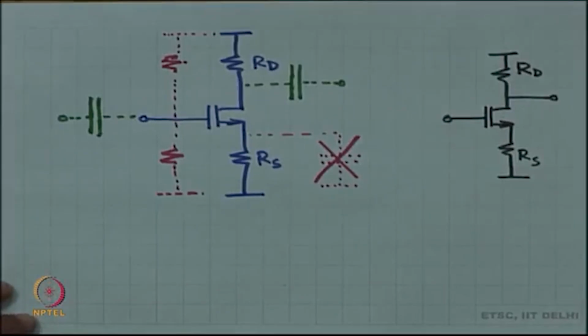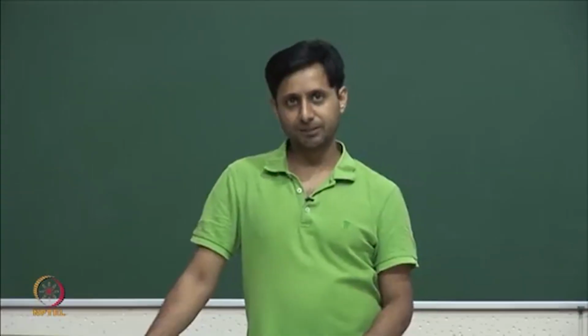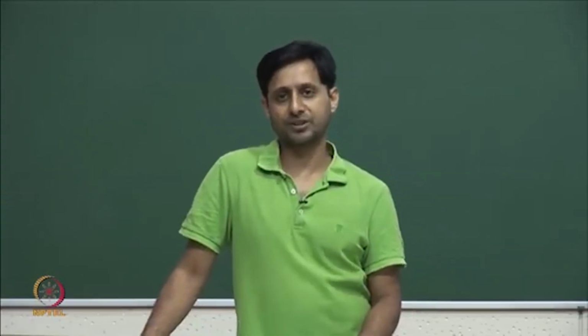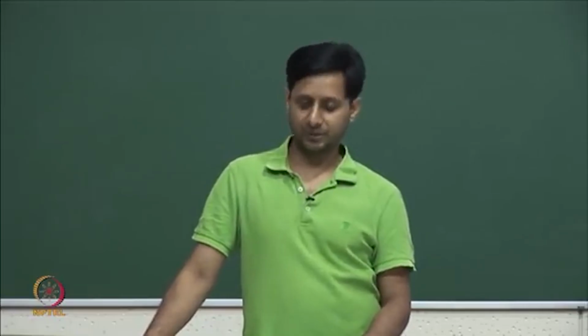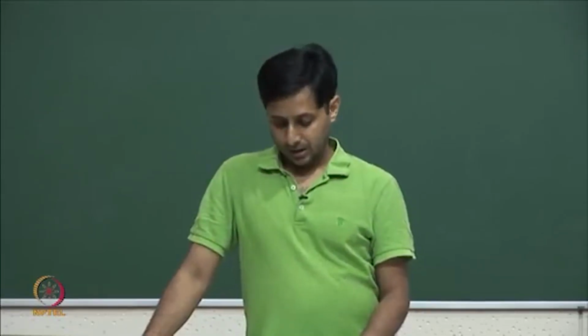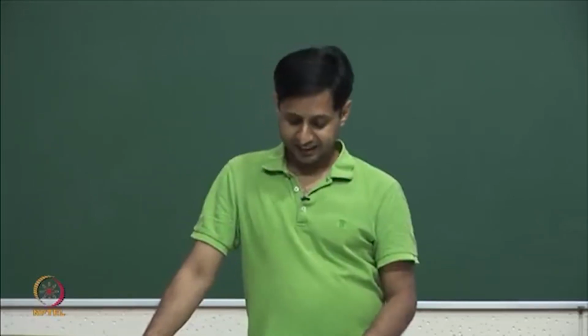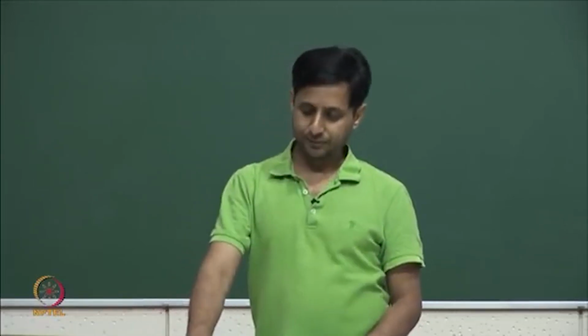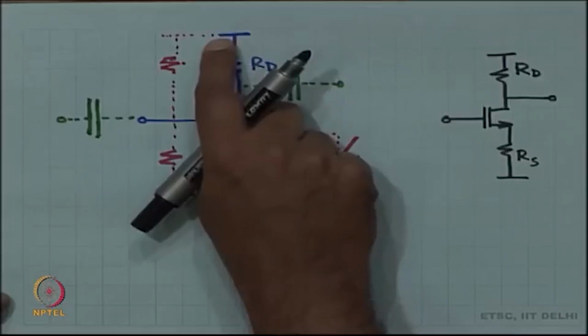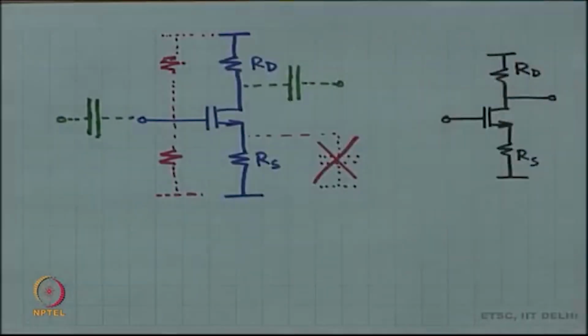The red biasing resistors come in parallel with the input voltage source and they make no difference to the circuit. All that remains are the MOSFET, RD and RS, and instead of VDD, instead of the power supply voltage, you will have 0 volts over there in the small signal incremental picture. This is the story so far.